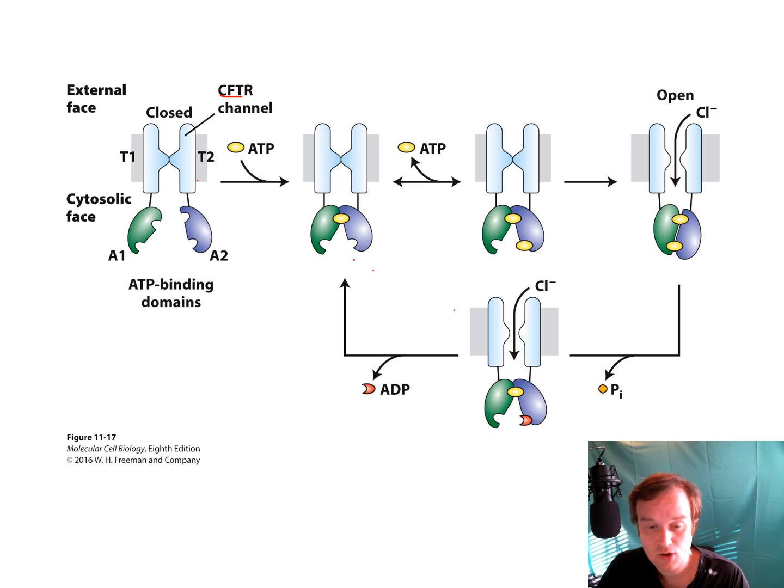For the channel to open, we have this ATP that binds to both the A1 and the A2 intercellular cytosolic domain, and we have a second ATP that comes in and binds to the second binding site. By doing that, it's kind of like a pair of scissors, right? So you pull one side together and it opens the other side apart. And so these two come together, and that opens this channel.